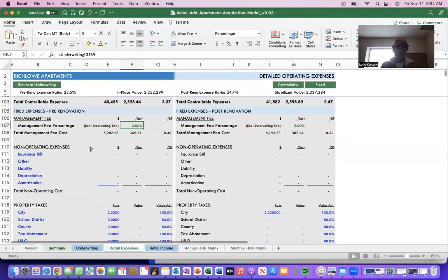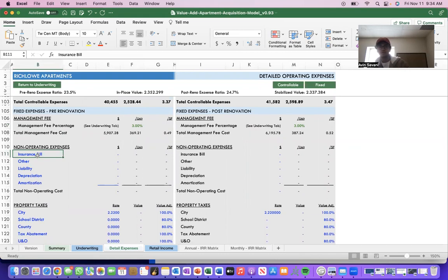Then you're going to have your non-operating expenses. So this is your insurance bill, other liability insurance, depreciation, amortization. Some things that are not included, actually: depreciation and amortization should be left off of the pro forma, like the NOI pro forma.